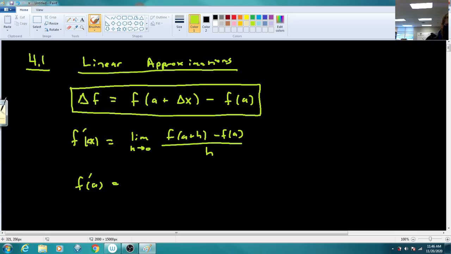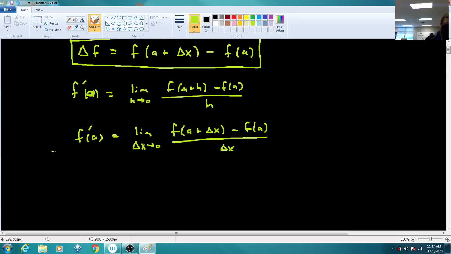Sorry, and this should be of an a. We're going to reformulate that, and we're going to let the h be replaced with delta x, and this should represent a similar amount. So h is delta x. And so we get this statement there.